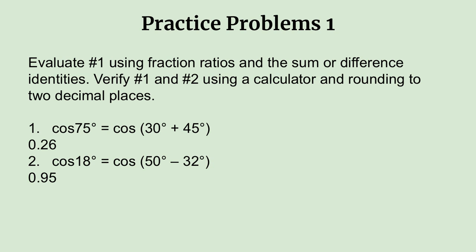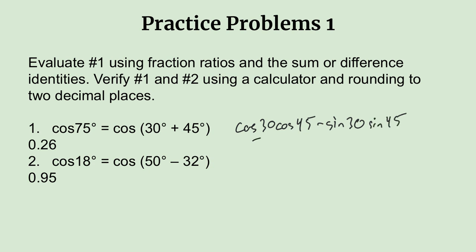What's happening here is cosine of 30 plus 45. That gets split into cosine of 30, cosine of 45, minus sine of 30, sine of 45.